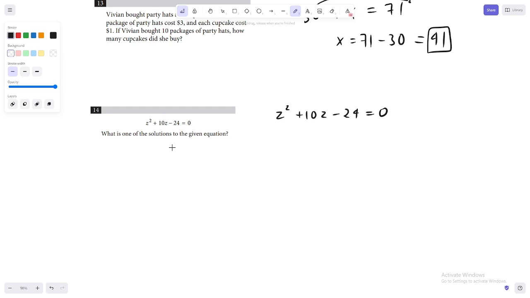Now, the way you need to approach quadratic equations is to first try to see if you can rewrite it in this form, or in this case it's z minus z1, that's the first solution, and z minus z2. If you can rewrite it in that form, it will be easy. So you get z plus z1, z plus z2. In any case, you have to rewrite it in this way.